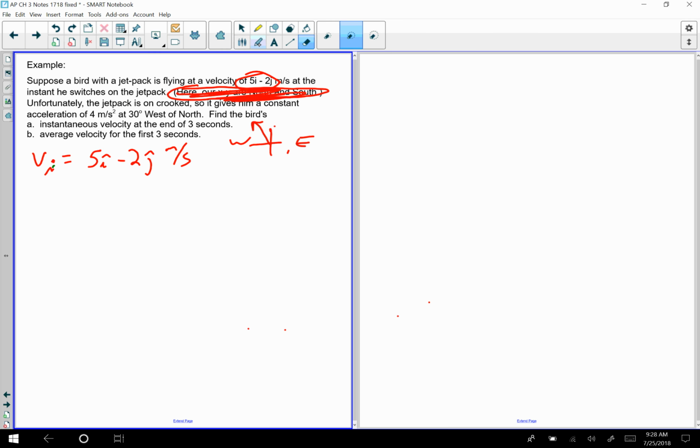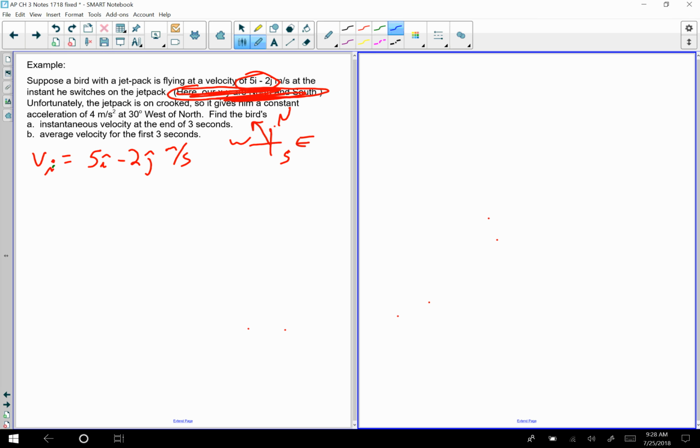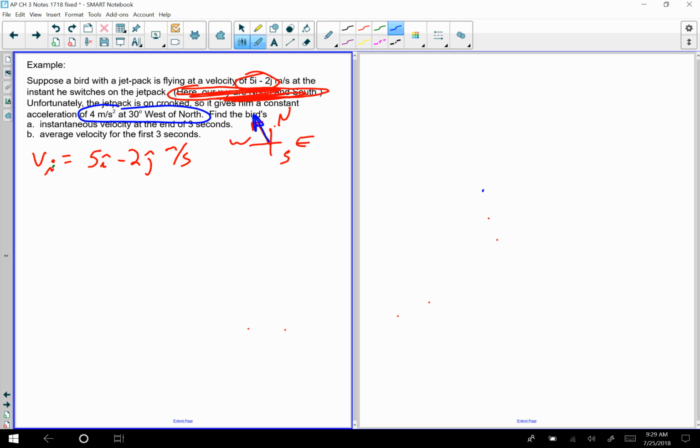All right. So the acceleration that he's given, let me do the acceleration in blue. The acceleration he's given is this way. Okay. So that has components, right? So let's see. 4 meters per second squared. Here's north. This is the 30 degrees. Here's west.